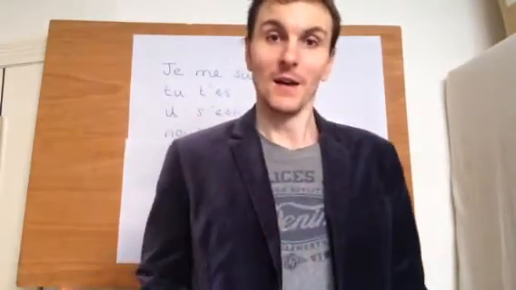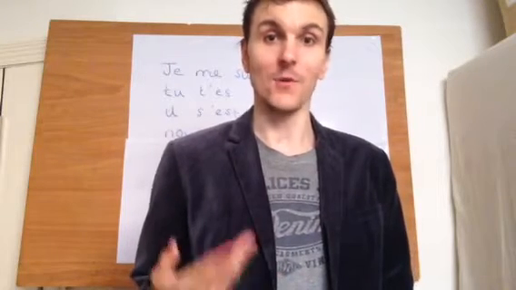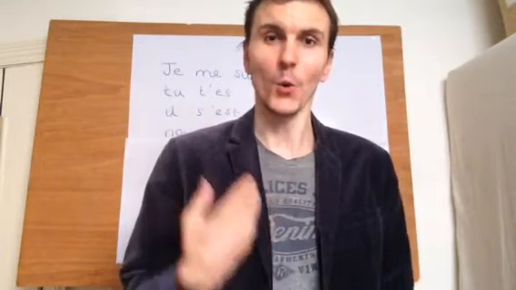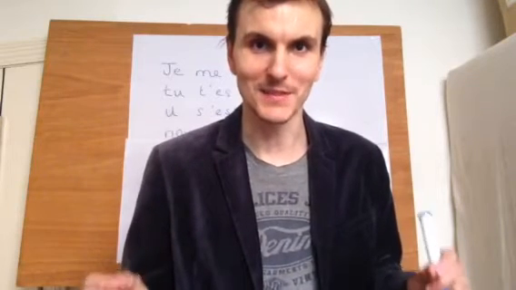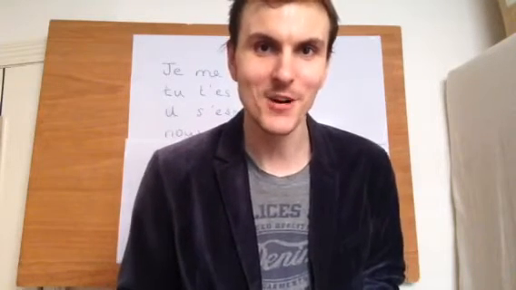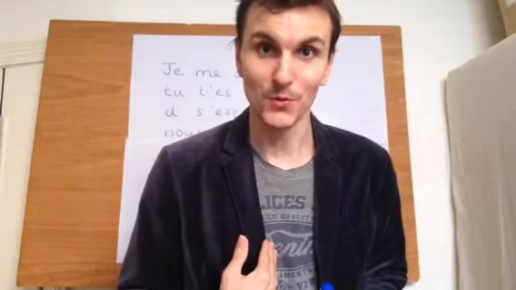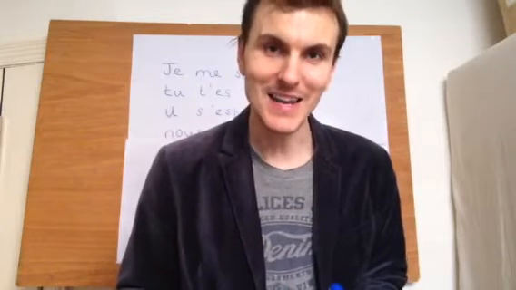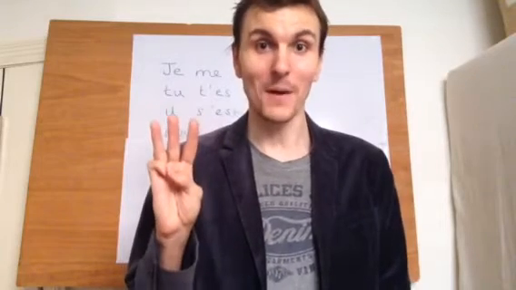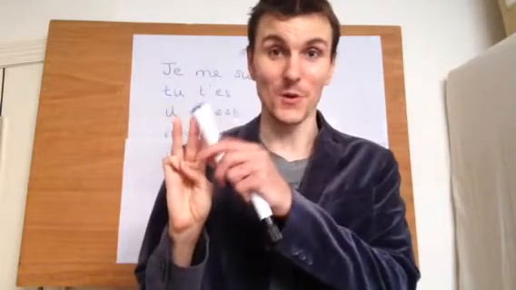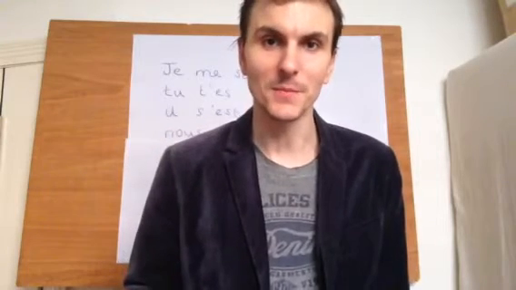So, if we're saying then, he washed himself, or I washed myself, then I'm telling you right now, I shall say this once and I want you to take this in. Any verb you use with a reflexive me, te, se, nous, vous, etc., where there is a compound tense, that means there's another word in the middle in your past or in any other tense, you are going to use the verb to be.